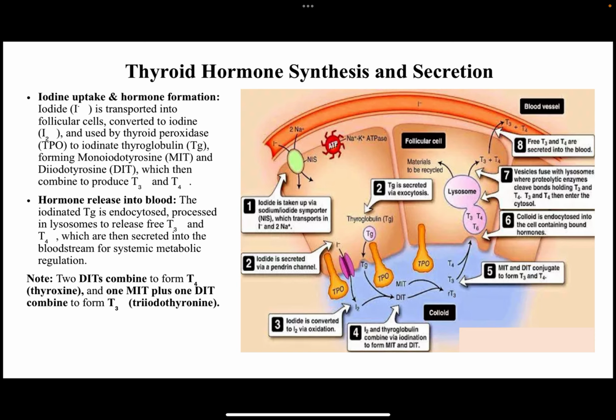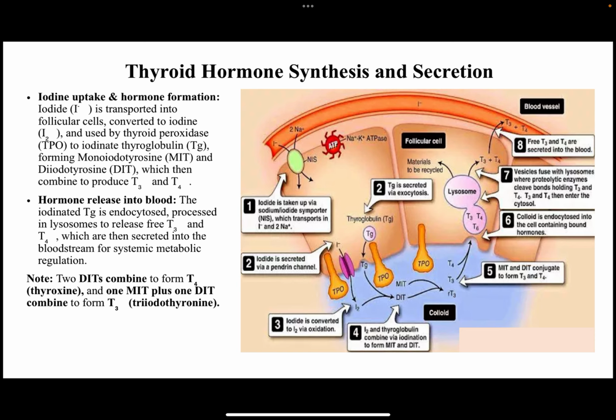So T3 is MIT plus DIT. Then two diiodotyrosines combine to form thyroxine, which is T4. So T4 is DIT plus DIT.